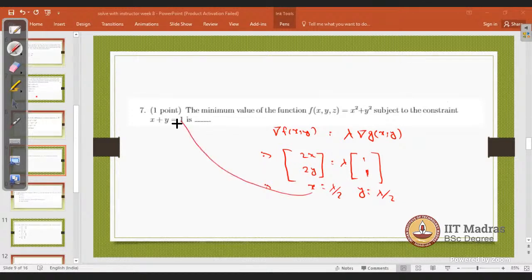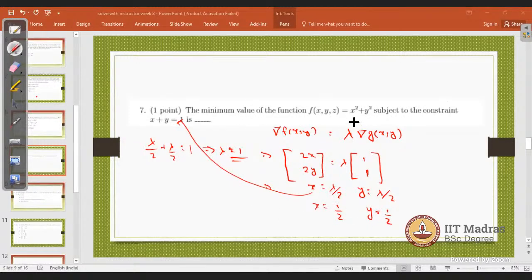We'll put this value in the constraint equation: lambda by 2 plus lambda by 2 equals 1. So 2 lambda is 2, and the lambda value is 1. So the x value we got is a half, y value also a half. Are you okay with this? Yes, sir.